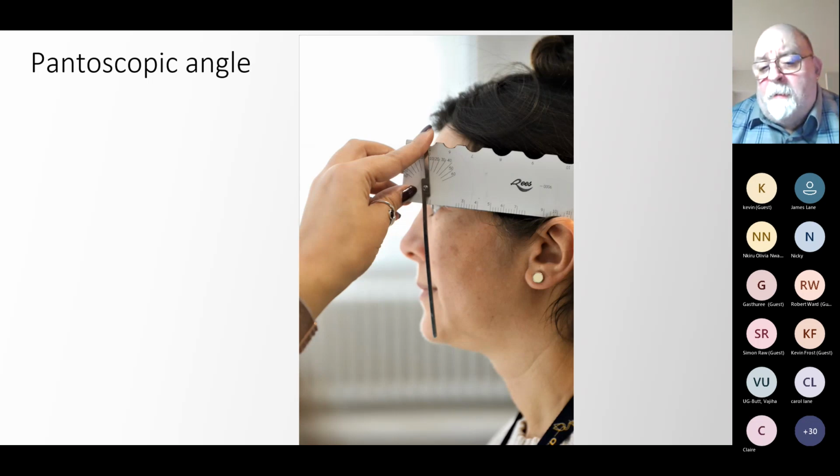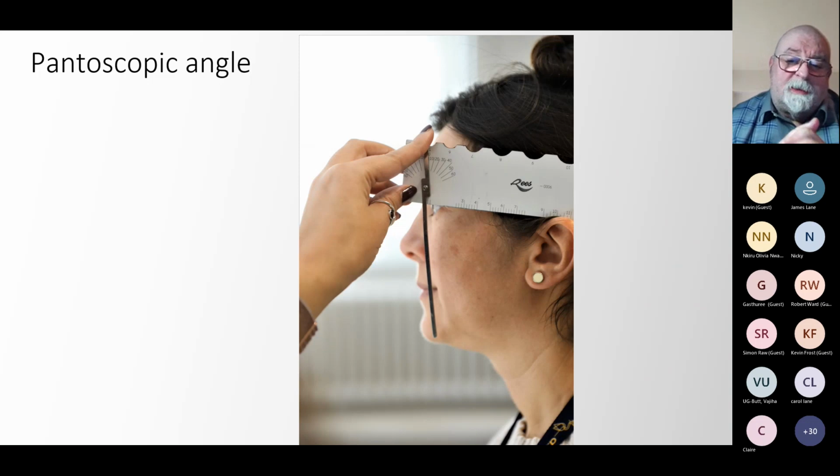Now, my patient here, Gwendolyn, has got some Chinese ancestors, and so her face is quite flat. Now, if we've got somebody that is from the Far East or maybe Afro-Caribbean, we're often going to find that this pantoscopic angle is smaller than the Caucasian face.